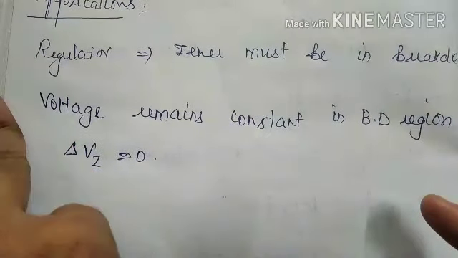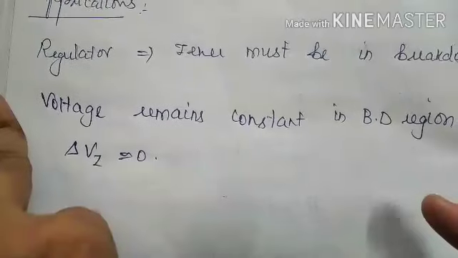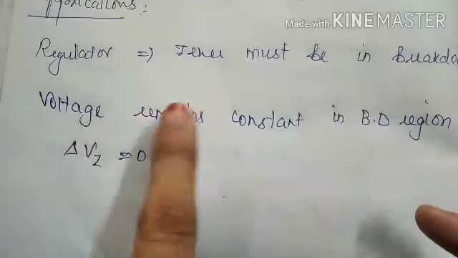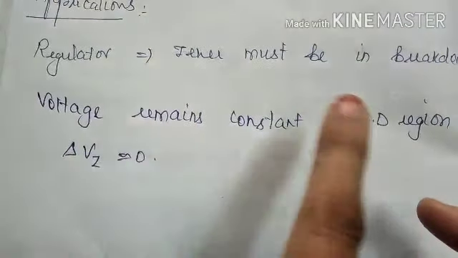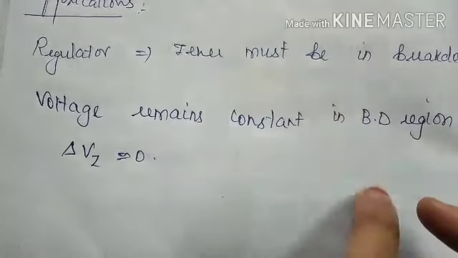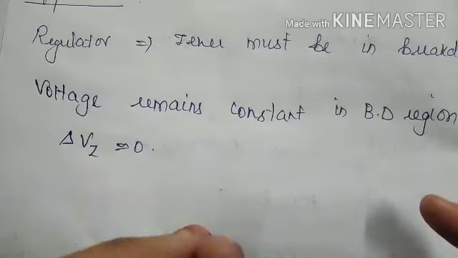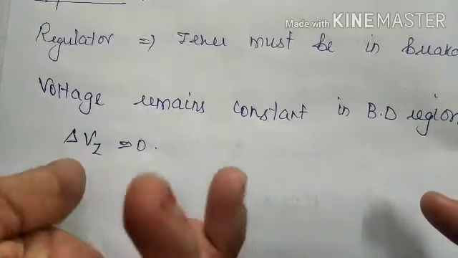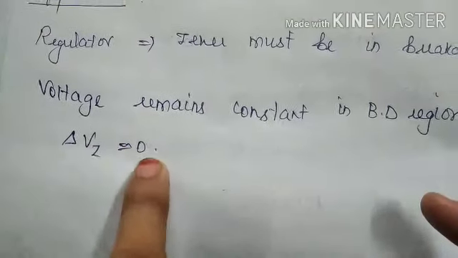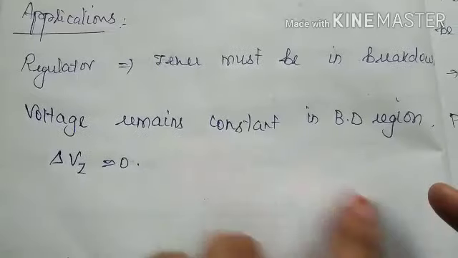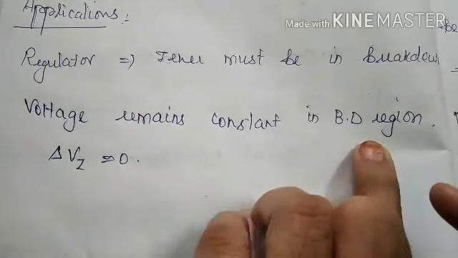The light emitting diode emits light when the current flows through it. But the speciality of the Zener diode is it will work only in the breakdown region, in terms of the voltage remaining constant in the breakdown region. So the change in voltage is 0 in terms of the breakdown region.